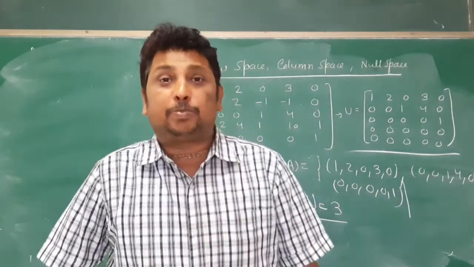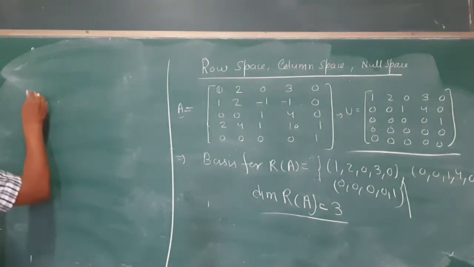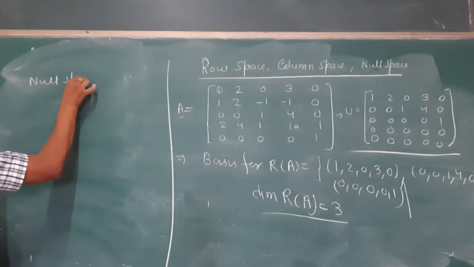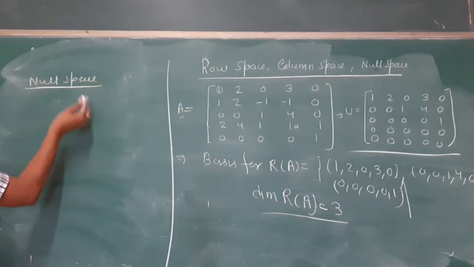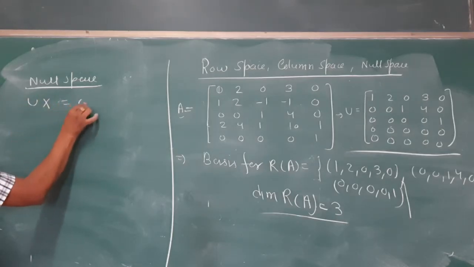Now I am going to explain about null space. How do we calculate null space? Null space means the solution of Ux equal to 0. What is U?